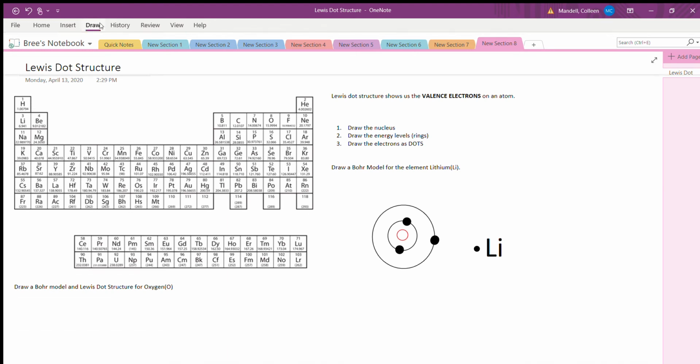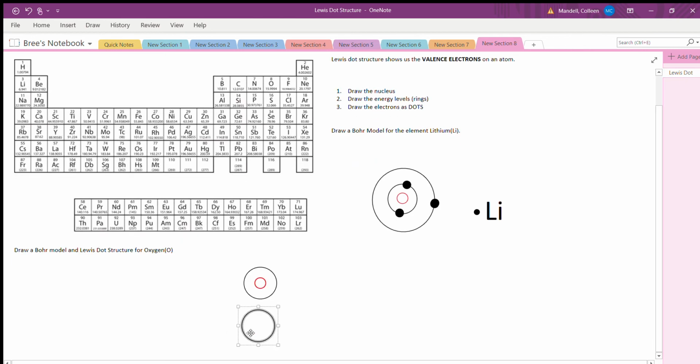I need a nucleus, which I'm just going to draw as a red circle. Now I need 2 rings, which I'm just going to make circles for again. There's 1, and here's 2. I've got the start of my Bohr model for oxygen now.